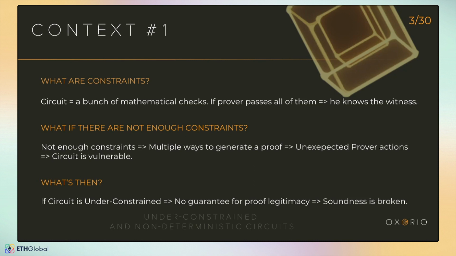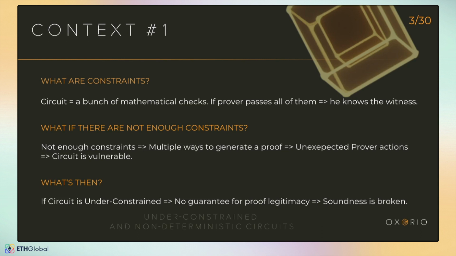To understand that vulnerability, first of all, let's define what constraints in ZK circuits are. Circuits are generally just a bunch of mathematical checks packed into mathematical equations that are stored in an R1CS file. If the prover passes all of them, it just means that he knows the secret witness, and then he can produce a valid proof for that witness.